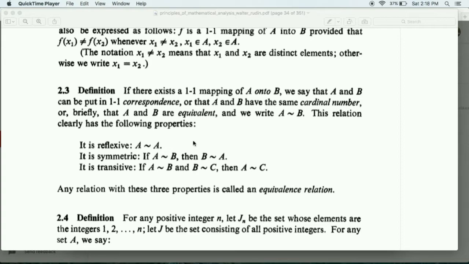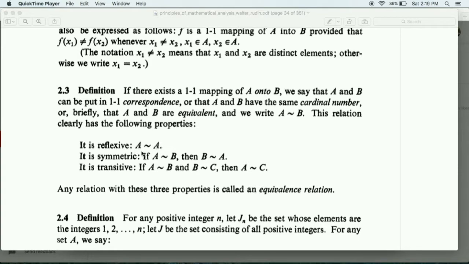So if A and B are two sets, a relation between them is a subset of A cross B. Now, this relation is reflexive if for all elements a in A, small a is related to small a, or in the set theoretic term, we say that all of A is related to A.